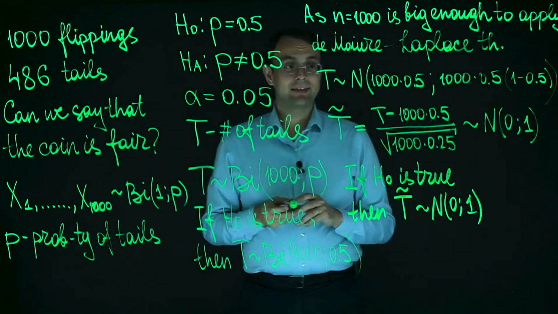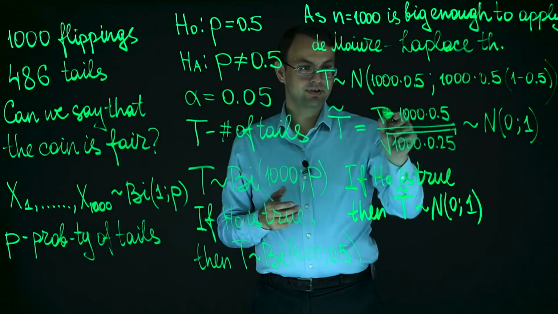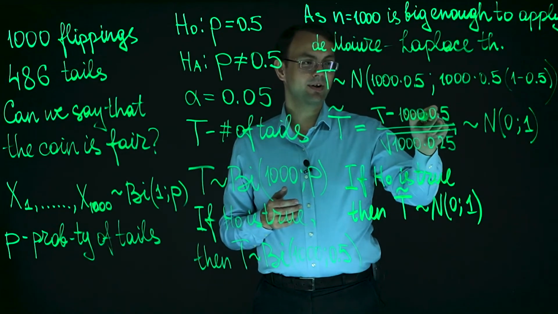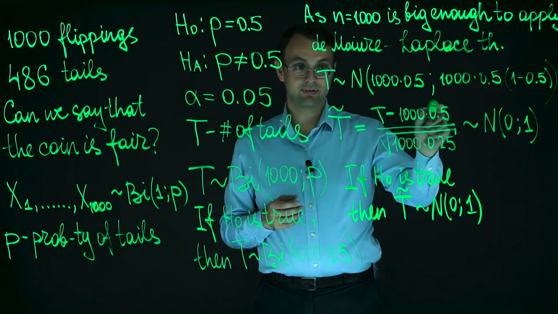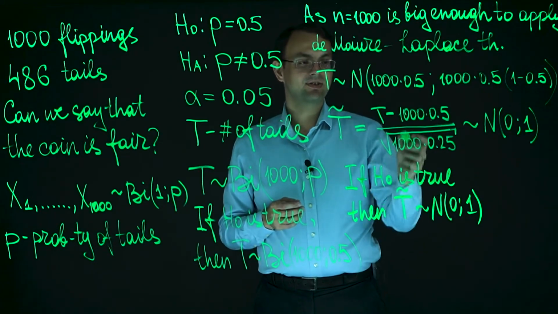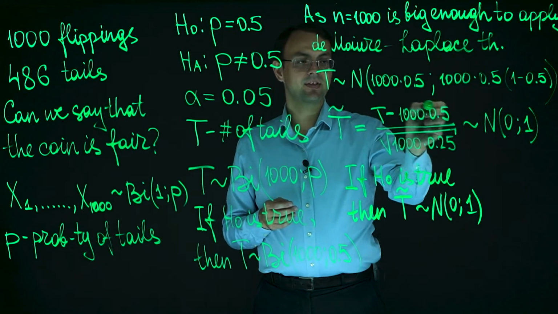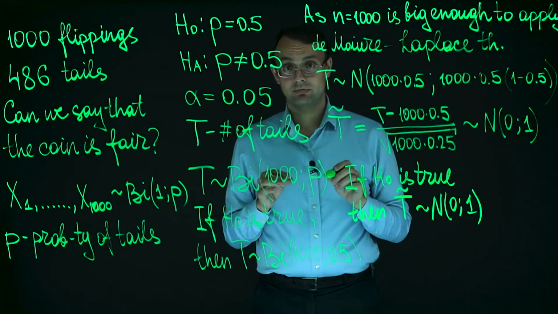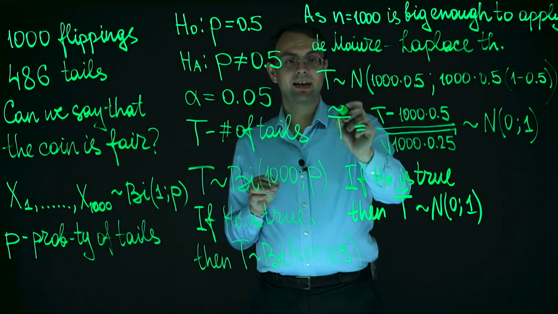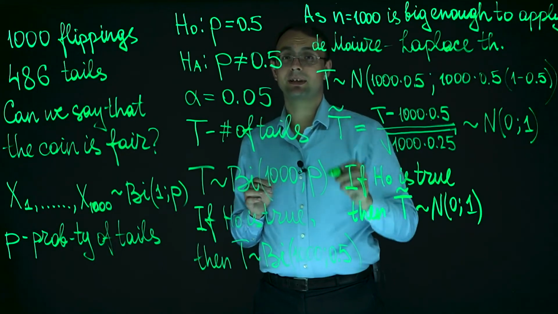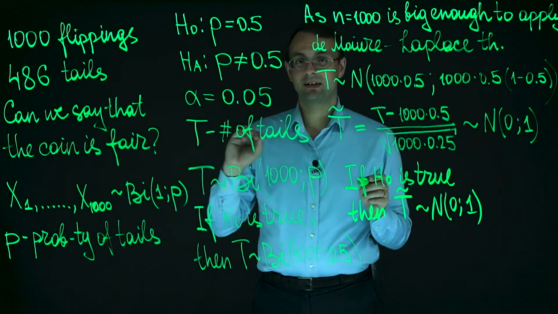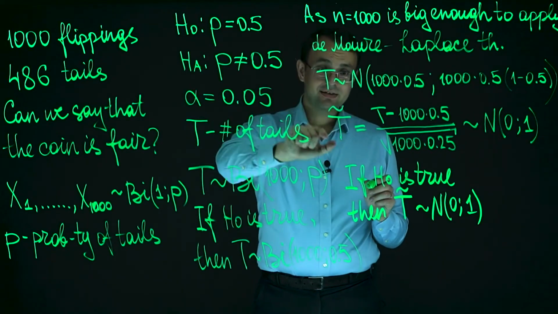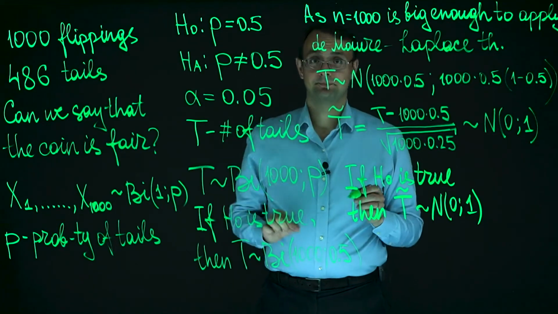So 1000 times 1/2 is 500, which means this difference T minus 500 is to be close to 0. So the value of the test statistic is to be close to 0 when the null hypothesis is true.